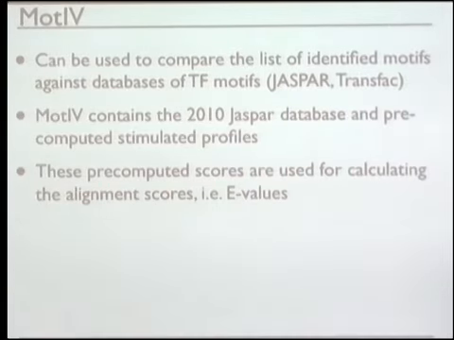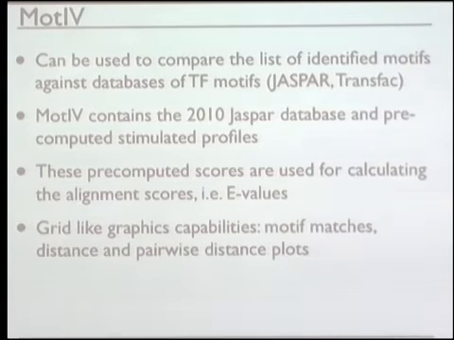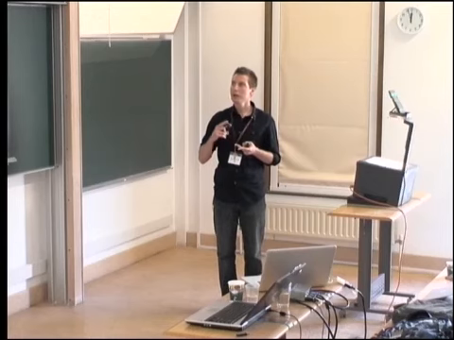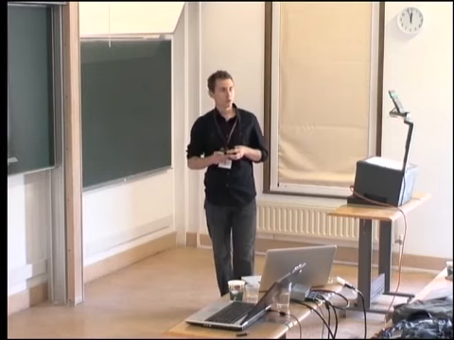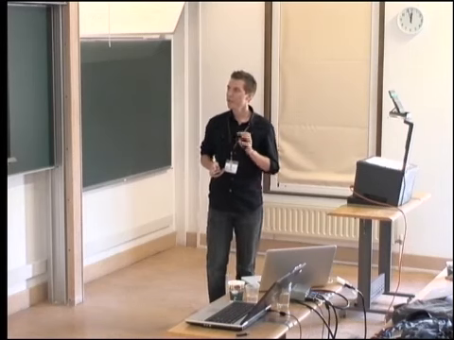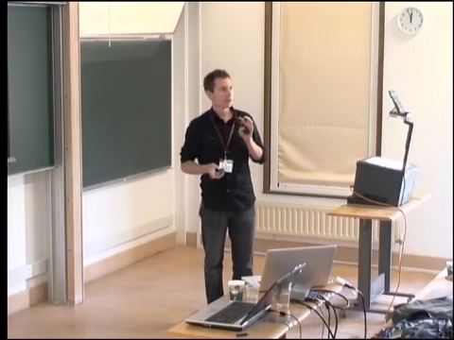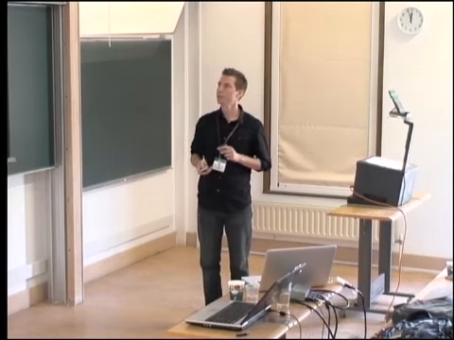It also contains pre-computed scores based on this database, so we can compute e-values and do all the alignments for you very efficiently. We've got grid-like graphics capabilities. You can do motif matches. You can look at distance and pairwise distance plots. And what we think is very important, you can do the filtering to select only the motifs that you think are relevant for your experiment.